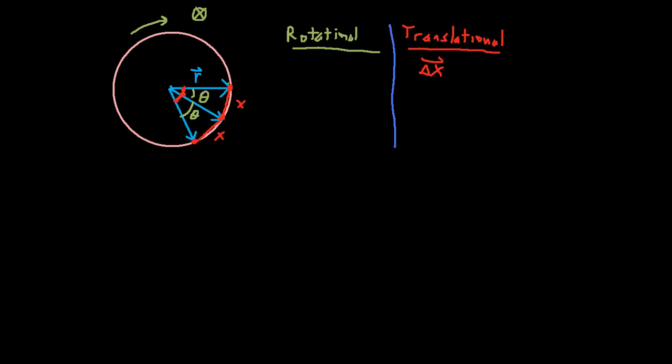The nice thing that we can do is that no matter which r we choose, whether it's this little bit right here, or the whole radius of the circle, a point at the edge of the circle, or a point towards the middle, the change in rotational position is constant. It's the same angle there as it is out here, as it is in here. So we have the same angular change no matter what.